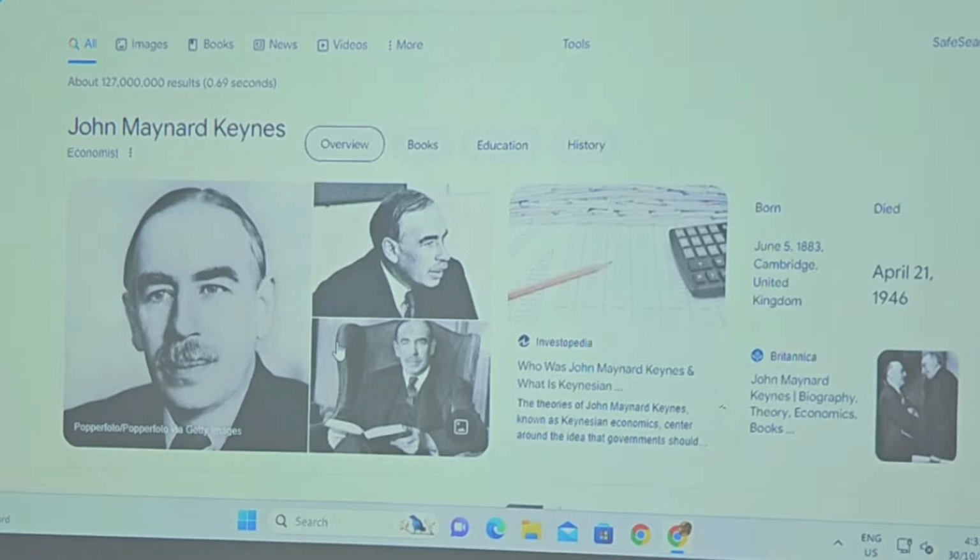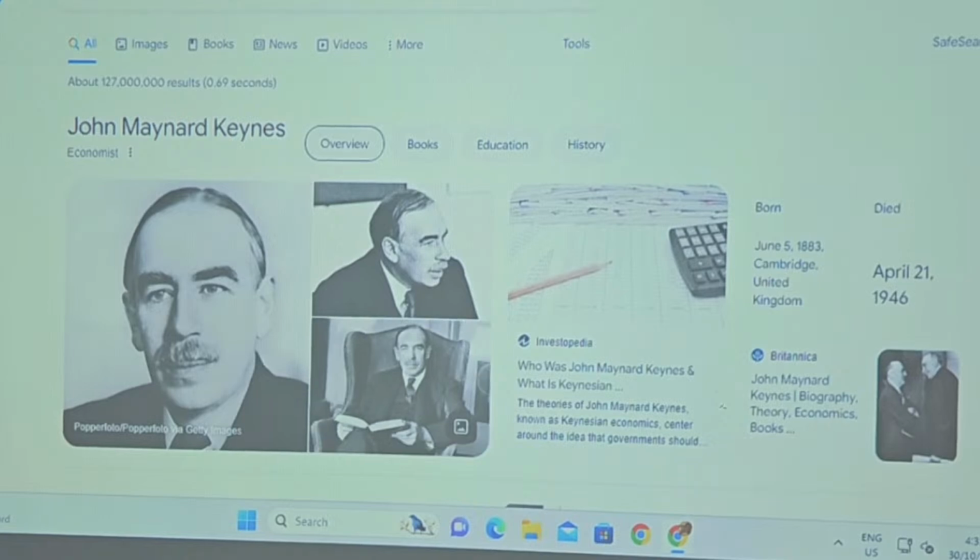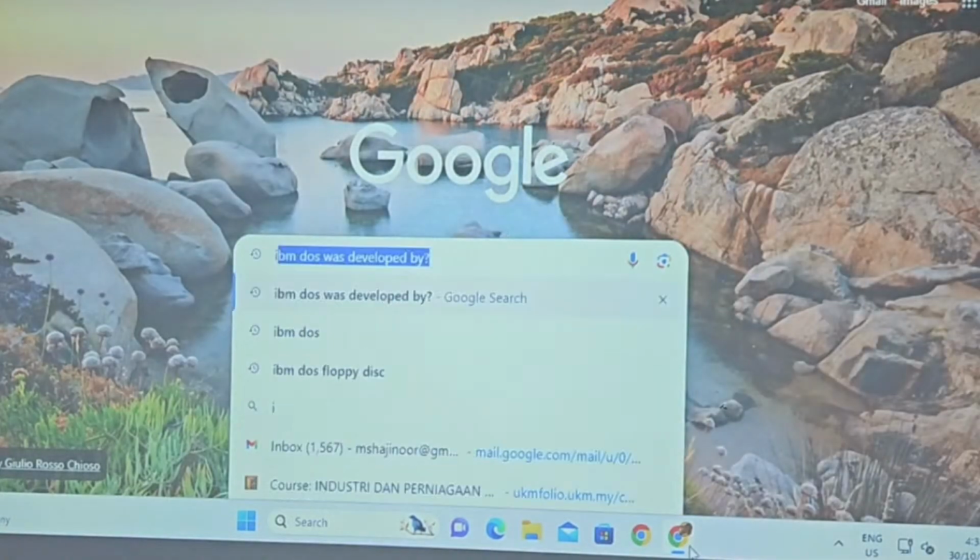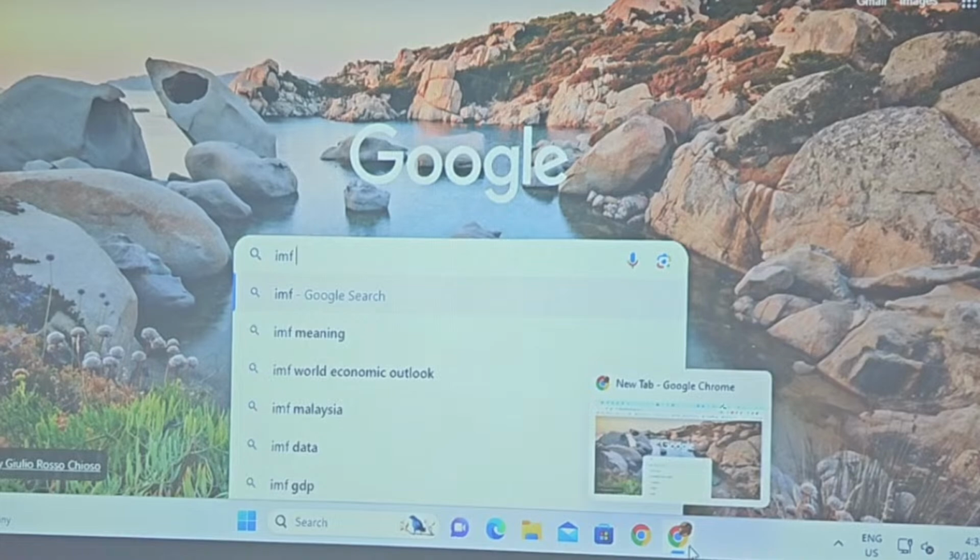To do what? To plan the new international financial architecture after the war ended. They were expecting the war would end and they would win. So they met in New Hampshire. Out of that came the IMF and the World Bank.